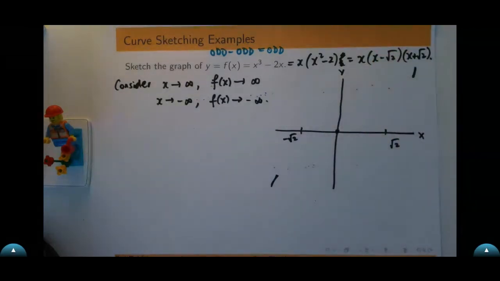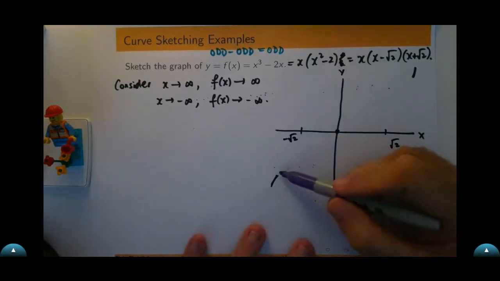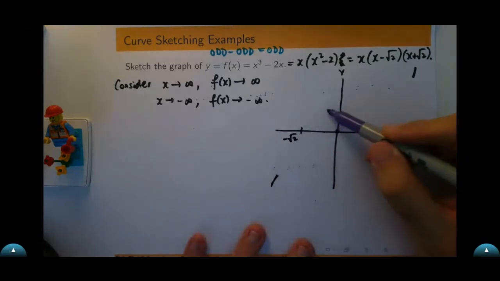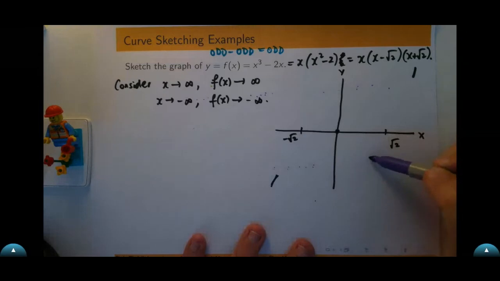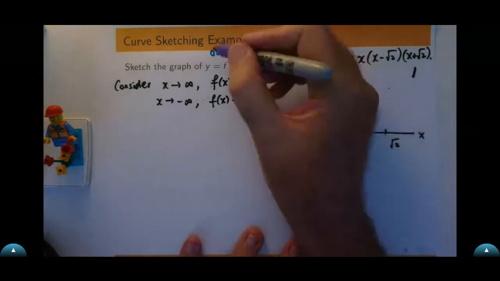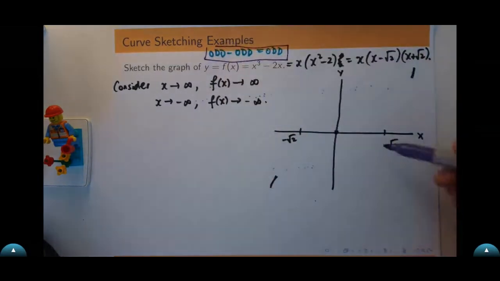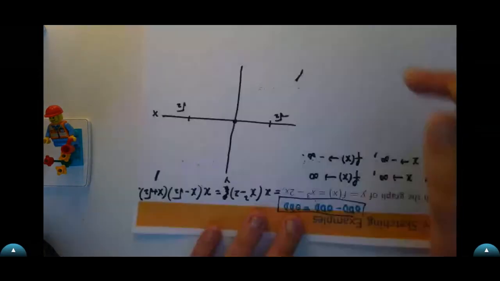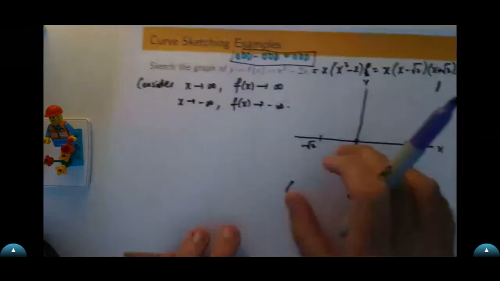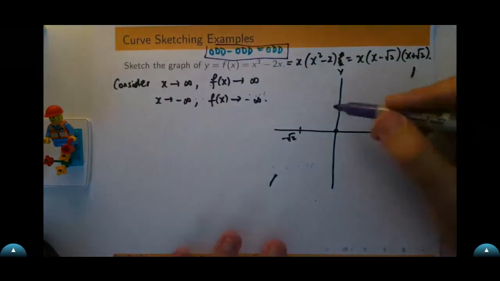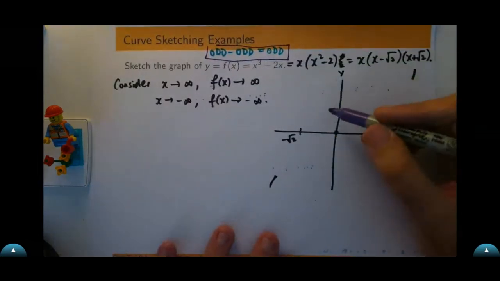It's a nice friendly function, so what I'm expecting is the graph will go down there, come up here, turn around, and then go up like that. That would definitely fit with the odd property of the function, because if you rotate it, you get exactly the same graph.